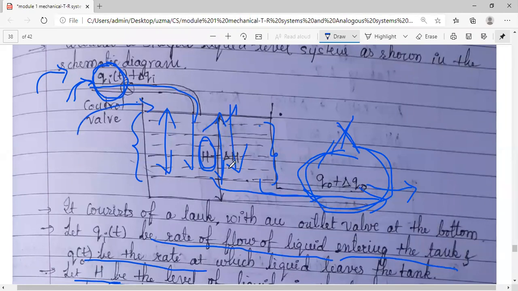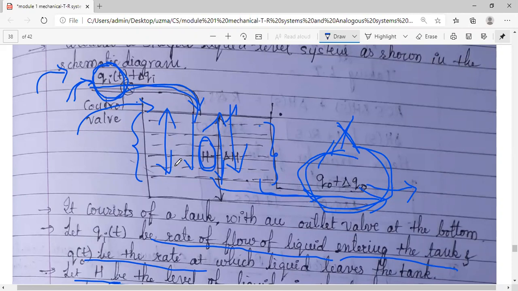What is the change happening inside this system? That resultant value will act as the output. If you are putting liquid into the tank, the level of the liquid will change. So that is the resultant that acts as the output.